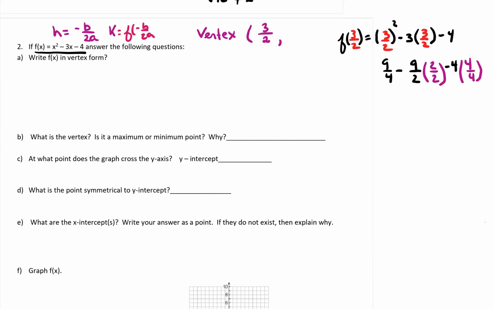So simplifying this down, we have 9/4 minus 18/4 minus 16/4. So 9 minus 18, that's negative 9, and negative 9 minus 16, this is negative 25/4.